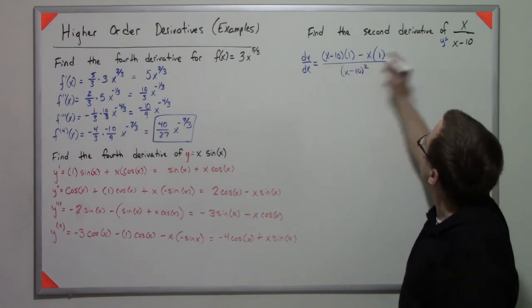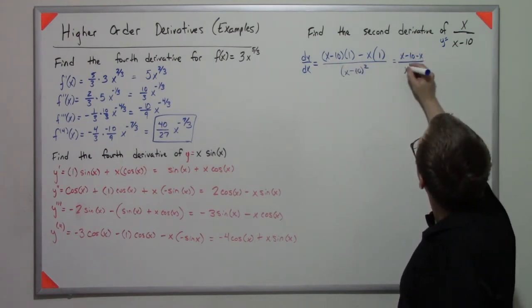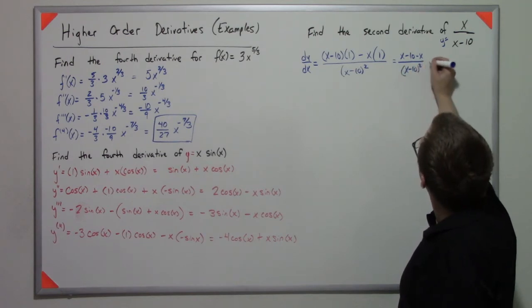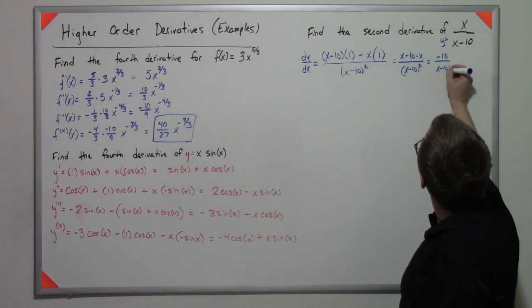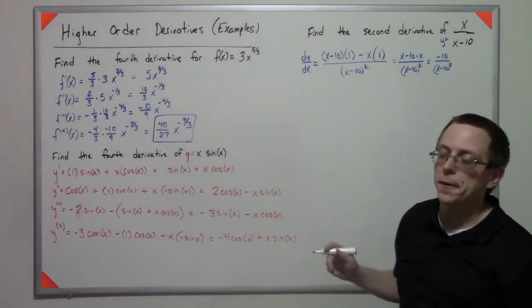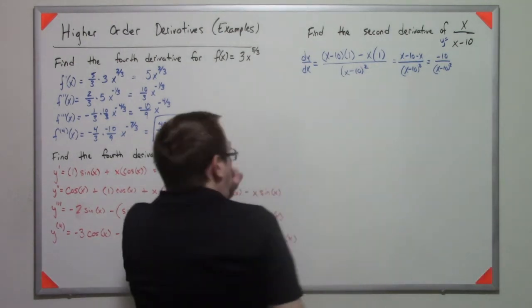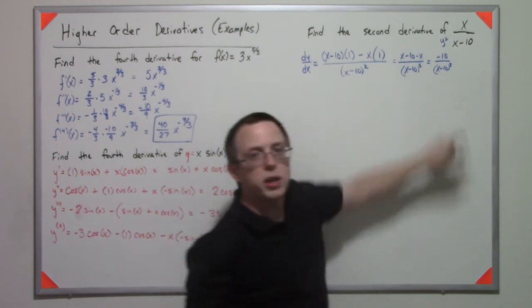So that's x minus 10 minus x, over x minus 10 squared, which is negative 10 over x minus 10 squared.